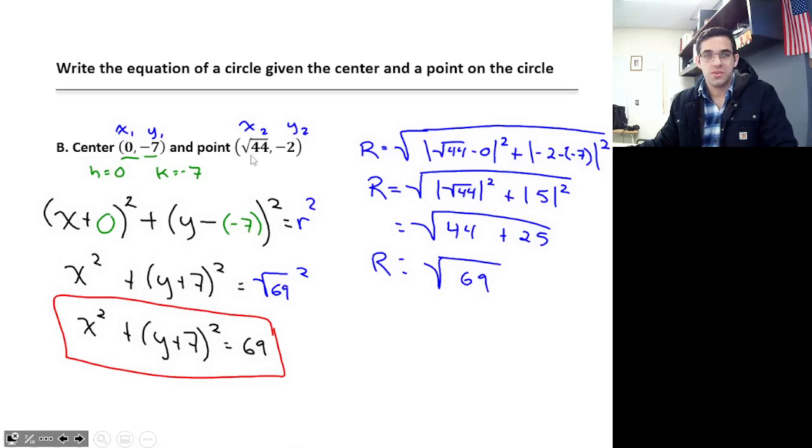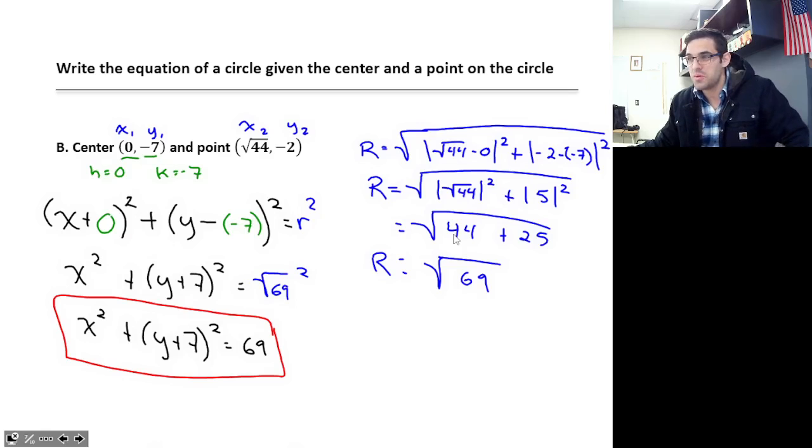We have a radical in here. It looks more intimidating at first, but really it's no different. For x minus x, we calculate the square root of 44 minus 0, absolute value, and square it. The y's would be y2 minus y1, so negative 2 minus negative 7 would be 5, absolute value and square it. The absolute value of the square root of 44 squared is 44.